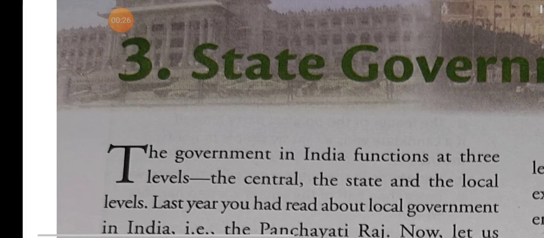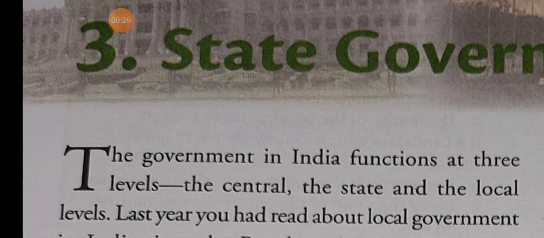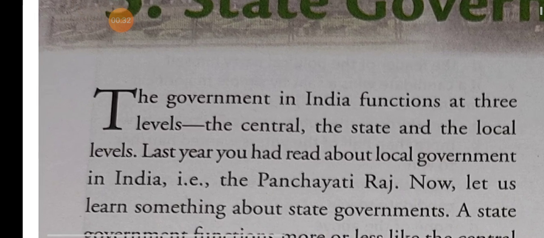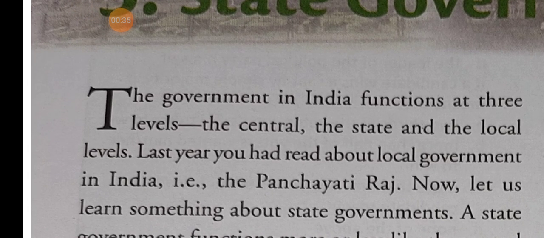Okay. So first you should know the meaning of the government. Government means the people, elected representatives or elected people who work for the people. They make the law, maintain the law, and work for the welfare of the people.